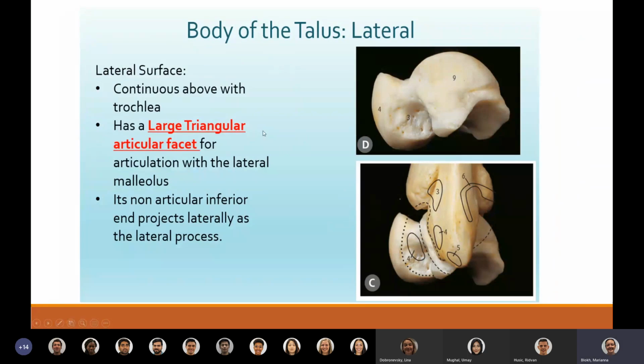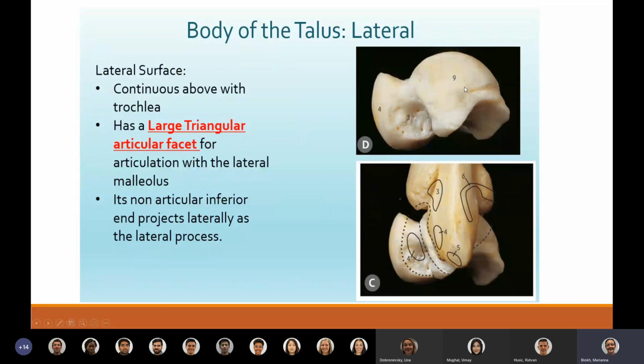So a couple of quick things to mention. We have different surfaces. We have medial surface, lateral surface of the body of the talus. The lateral surface. Remember I told you how to tell laterality of the talus by the lateral triangular articular facet on the lateral side and the comma-shaped articular facet on the medial side. So the lateral surface is a large triangular articular facet for the lateral malleolus.